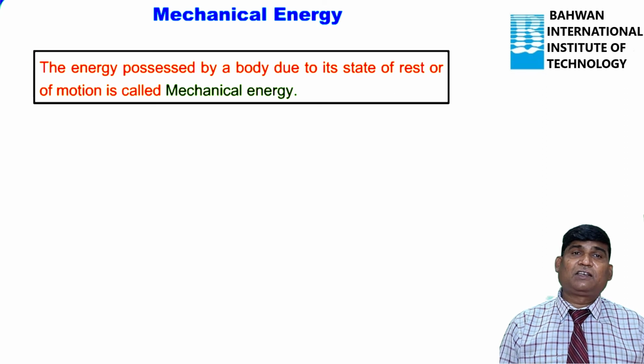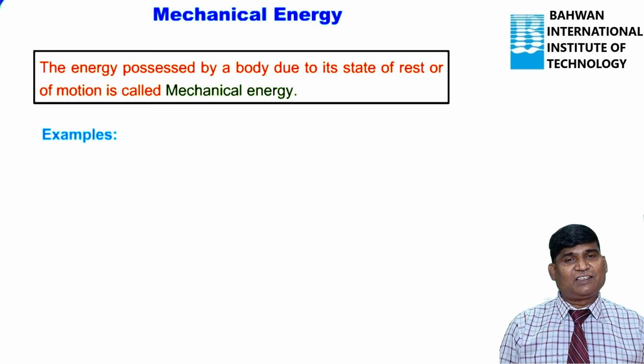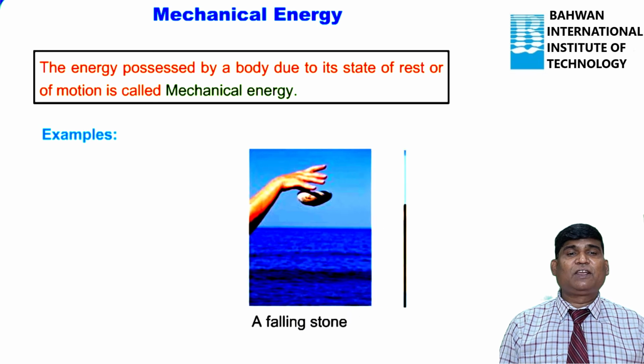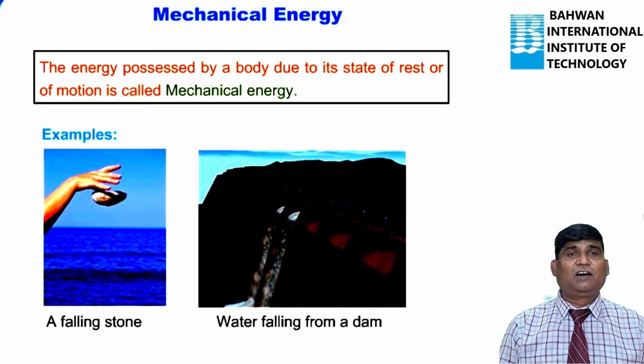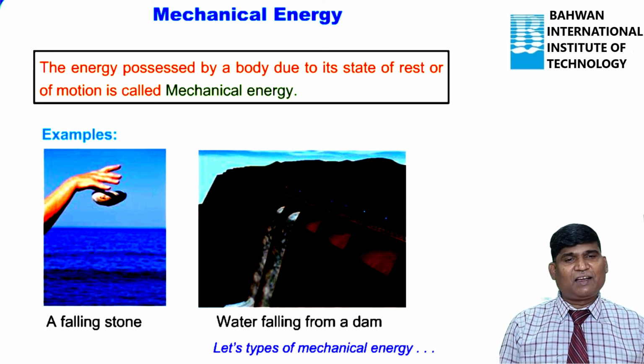Because of the state of rest or because of motion, the energy possessed by the body we call mechanical energy. What examples can we give for mechanical energy? A falling stone has mechanical energy. Water falling from a dam has mechanical energy.